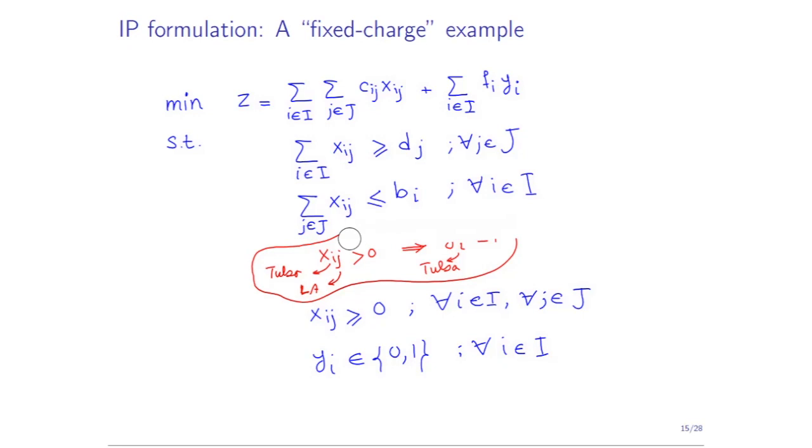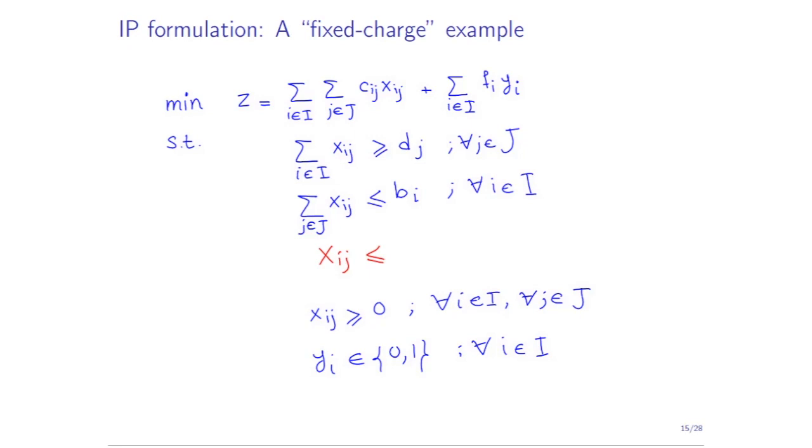And we just need to cast this relation in a mathematical form. Now look at this. What I said mathematically means I want xij to be less than some big number times yi, for every i in I, for every j in J. Now, look what happens.